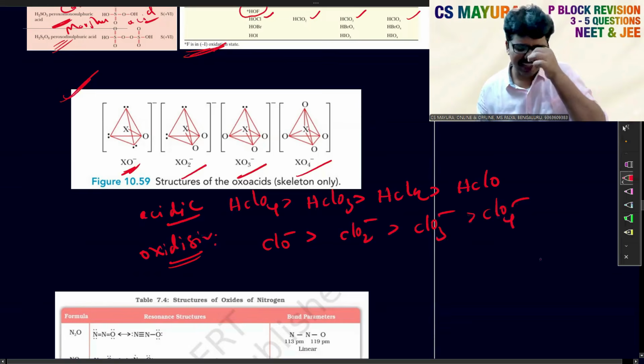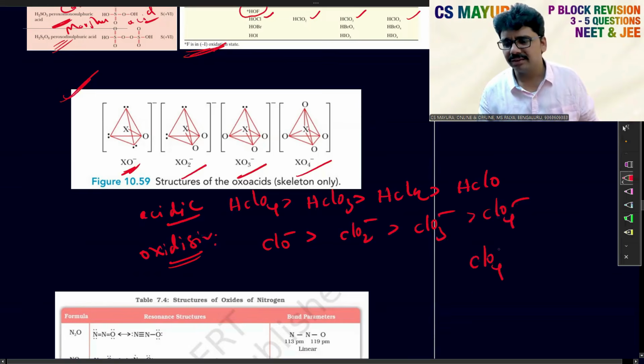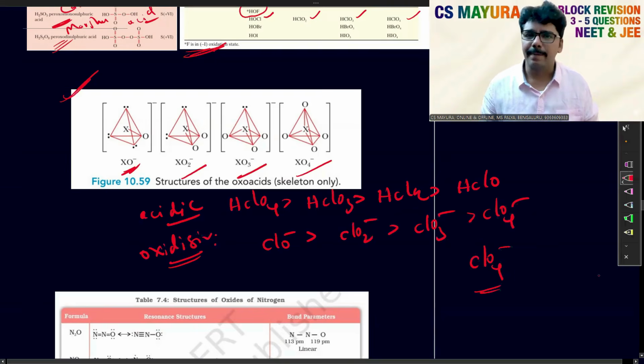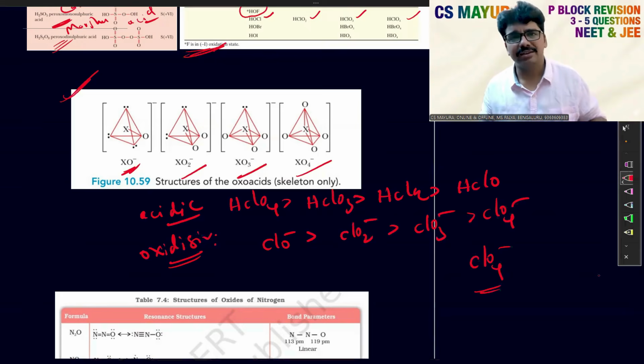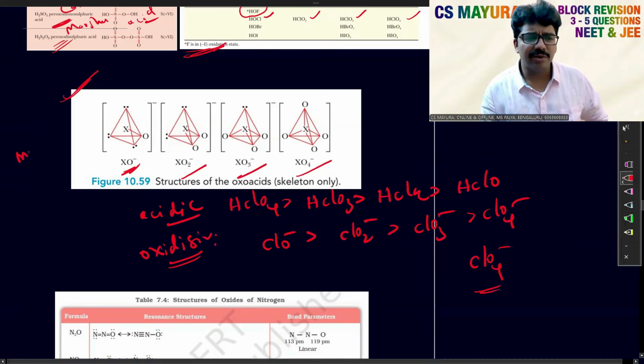So generally we would expect ClO4- to have higher oxidizing power. Generally the statement is that compounds with higher oxidation state act as strong oxidizing agents. For example, MnO4-, potassium permanganate, manganese +7, strong oxidizing agent, correct?